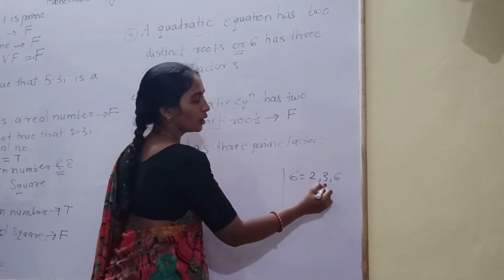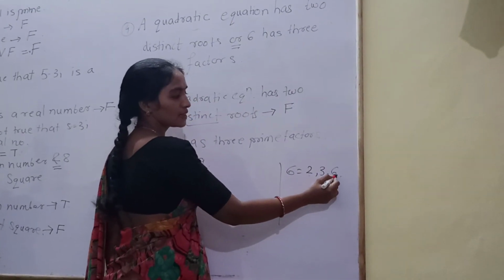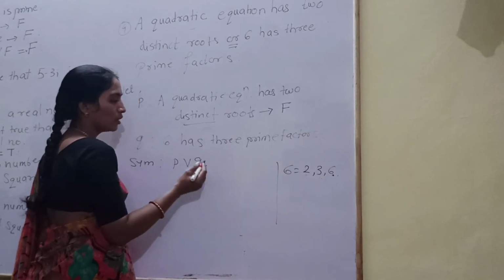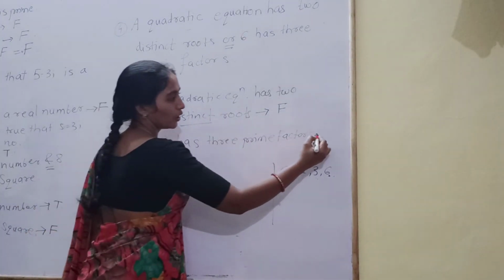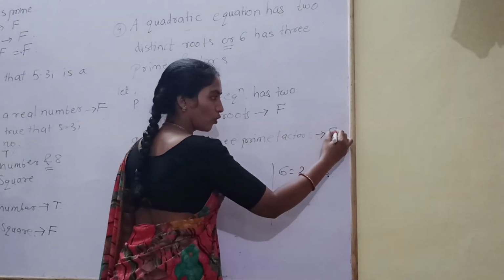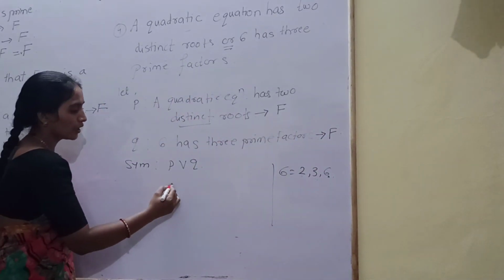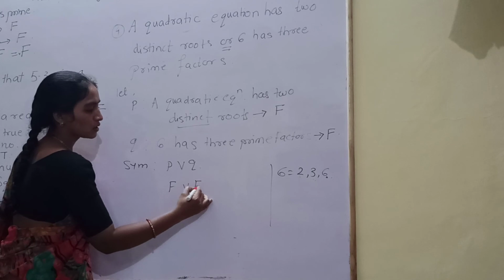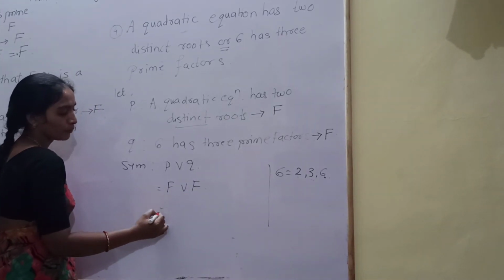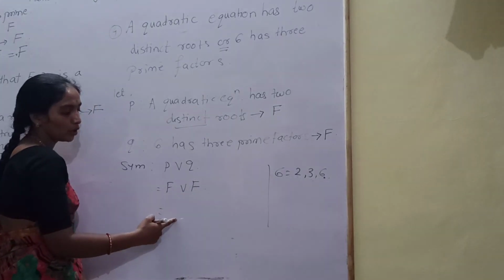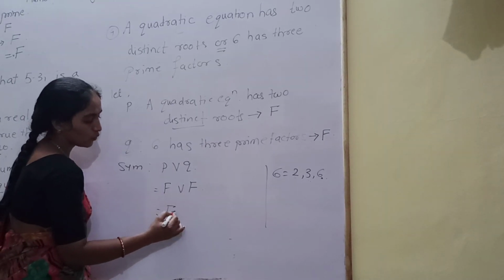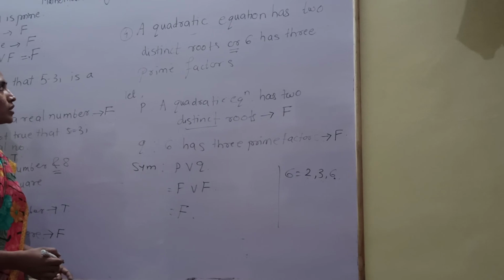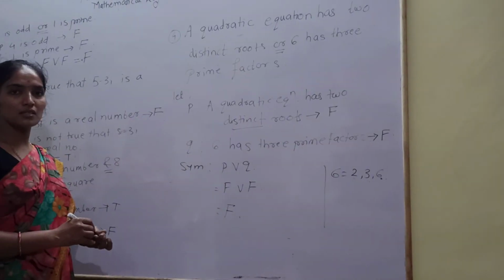Here 2 and 3 are both prime factors, but 6 itself is not a prime factor. Therefore, it possesses only 2 prime factors, not 3. Therefore, its truth value is again false. Put these two values here: false or false. We know that in a disjunction, if one of them is true, then and only then its truth value is true. If both are false, then its truth value is false. Therefore, the truth value of this fourth example is again false.